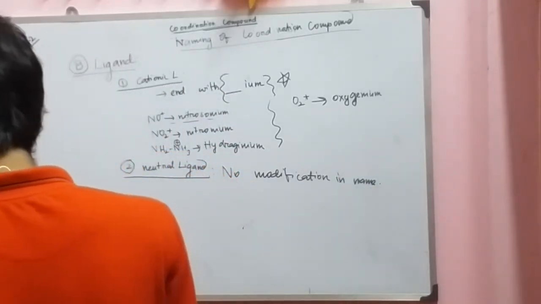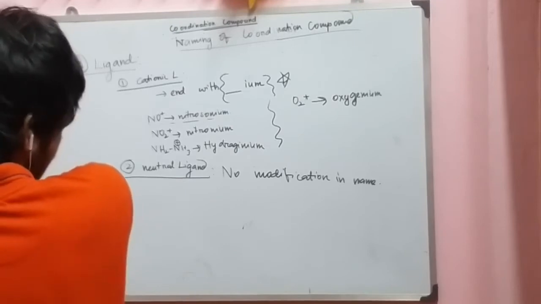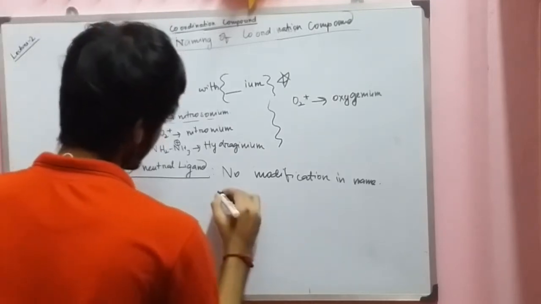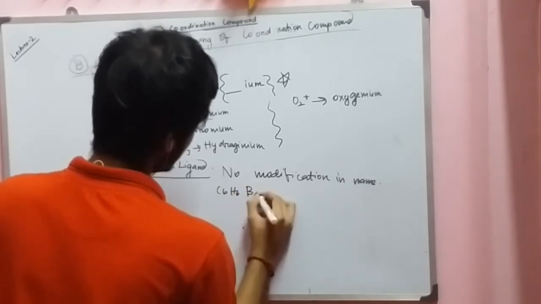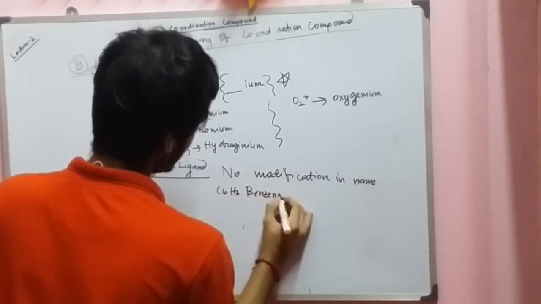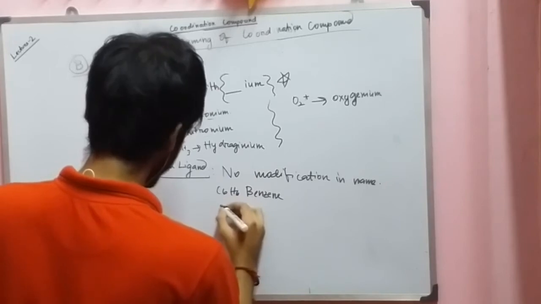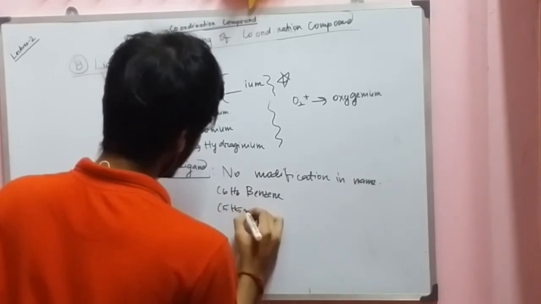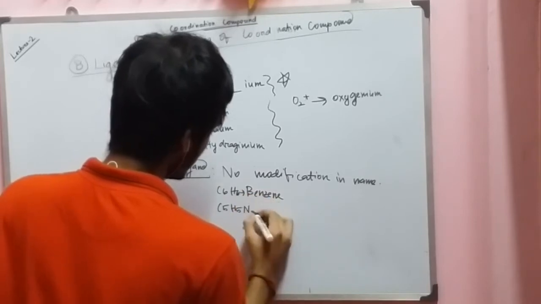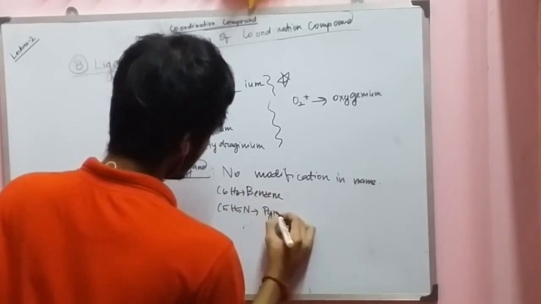Examples of neutral ligands are benzene, C6H6, just benzene, no modification in the name. And the second is pyridine, C5H5N, pyridine.